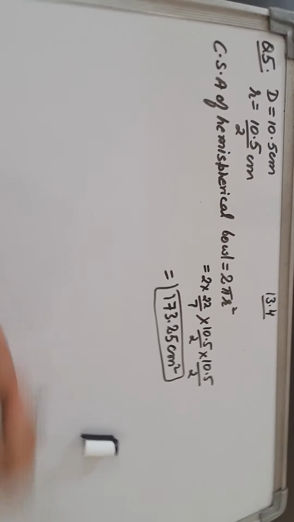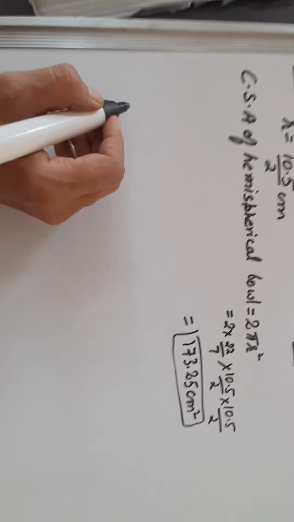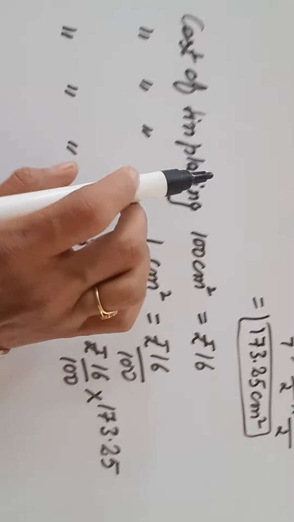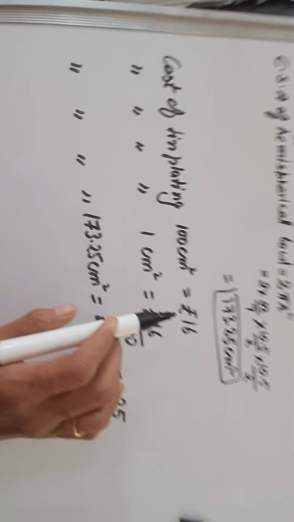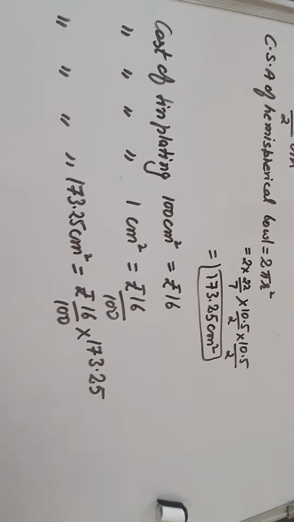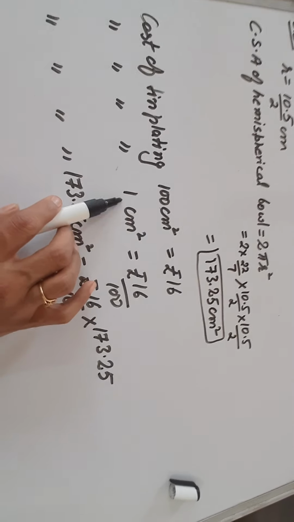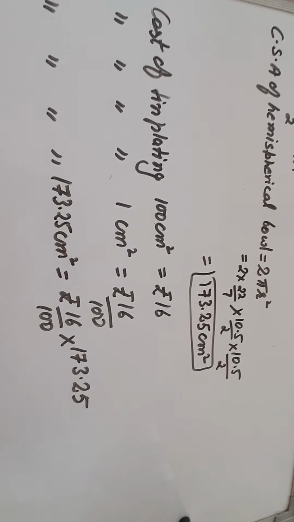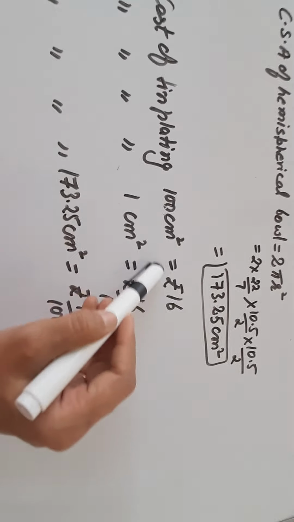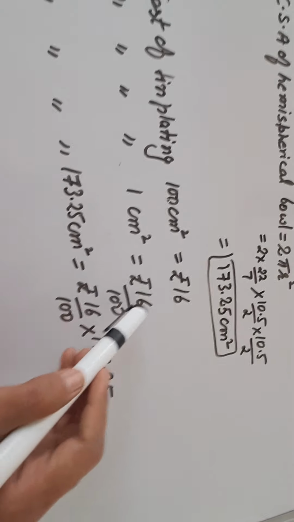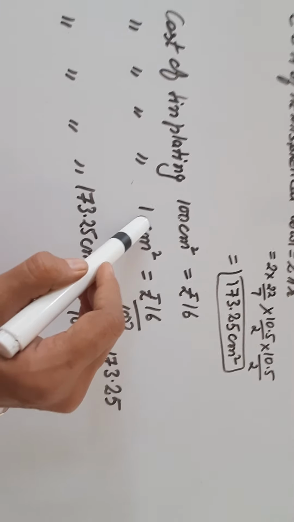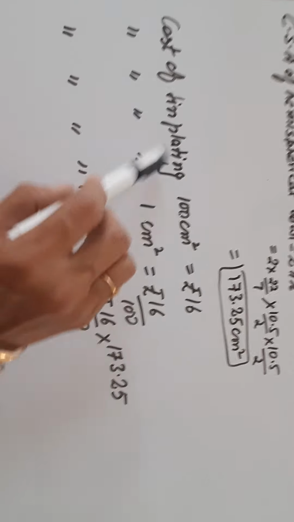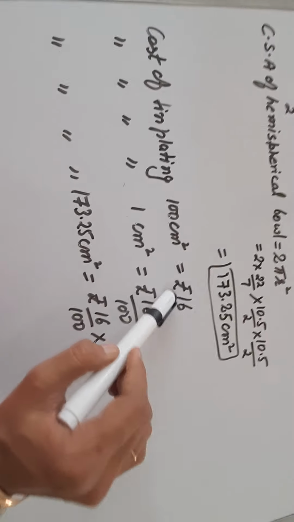And now we need to find out the cost of tin plating it from inside. Now cost of tin plating 100 centimeter square is given to us as rupees 16. So from 100 we need to move to 1 centimeter square. So cost of tin plating 1 centimeter square will be, going from 100 to 1, 16 by 100. But when we move from 1 to 173, smaller to greater, we will multiply. So cost of tin plating 100 centimeter square is rupees 16.